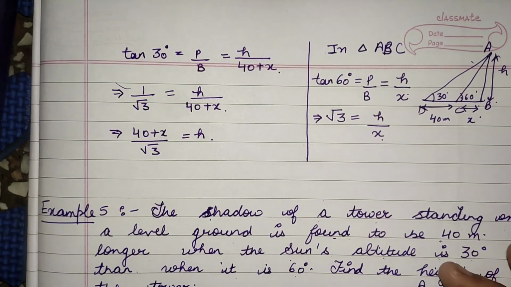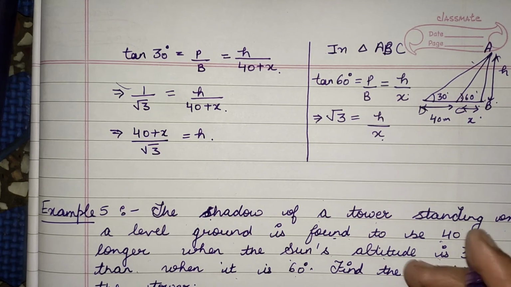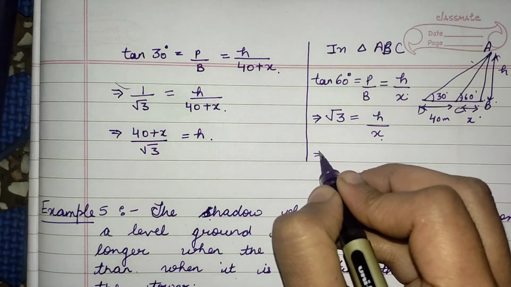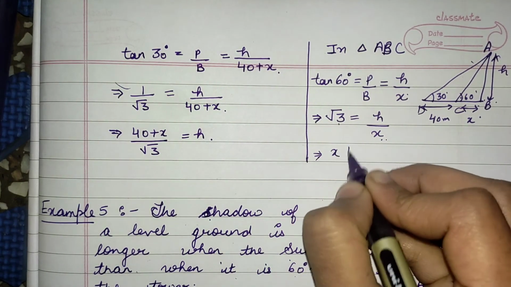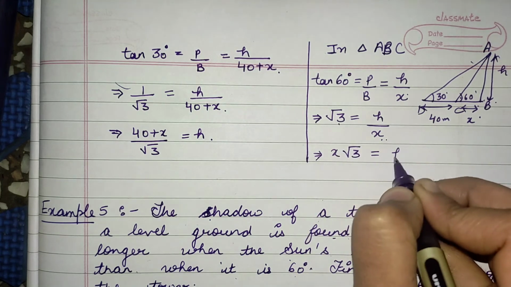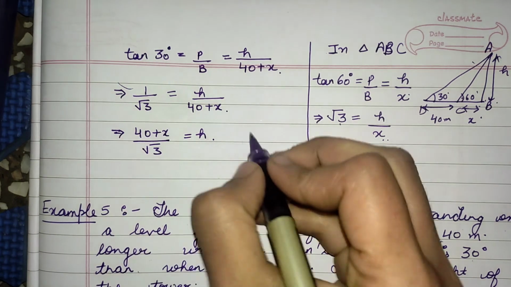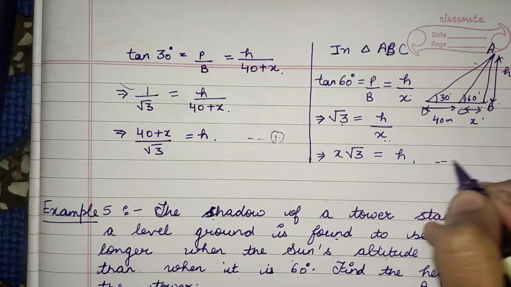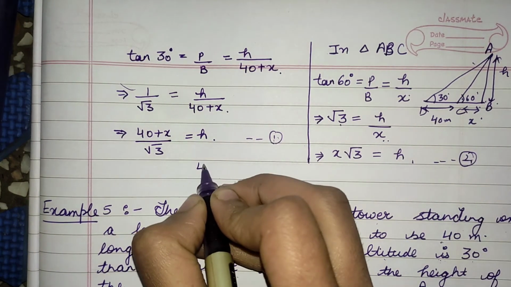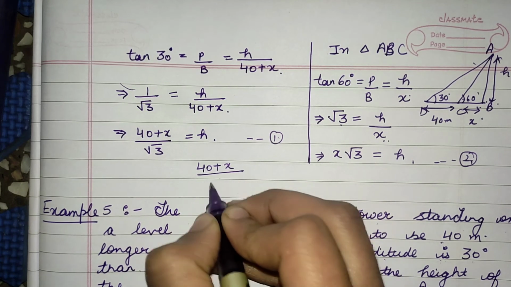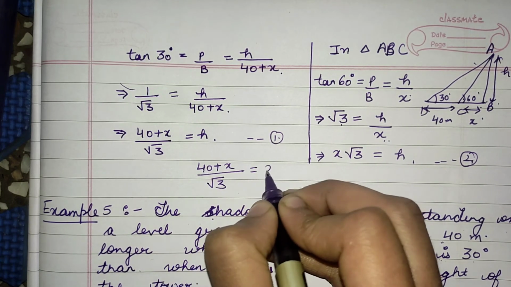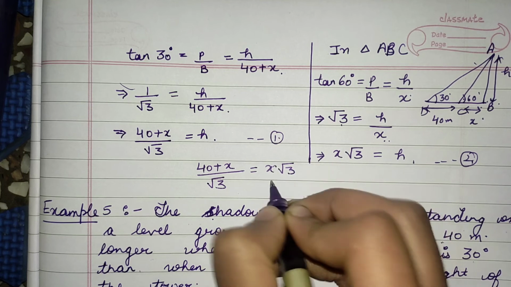So now you can solve your problem in any manner. Find out the value of h from here. h will be equal to x root 3. Okay. So because both are the values of h, compare your equation number 1 and 2. (40 plus x) by root 3 is equal to x root 3.